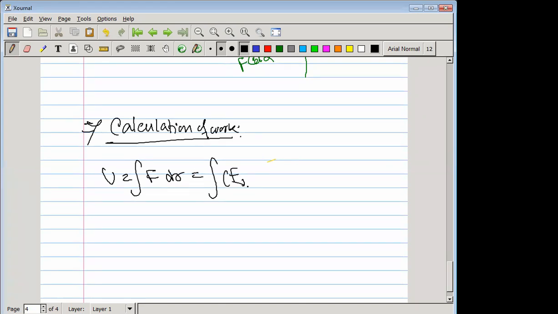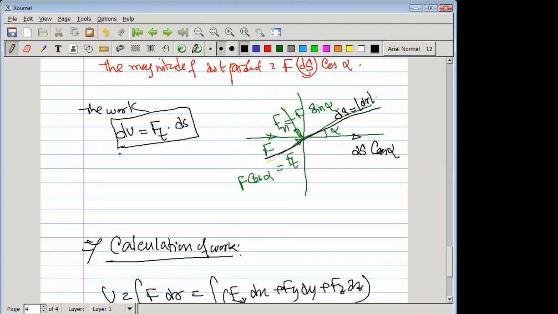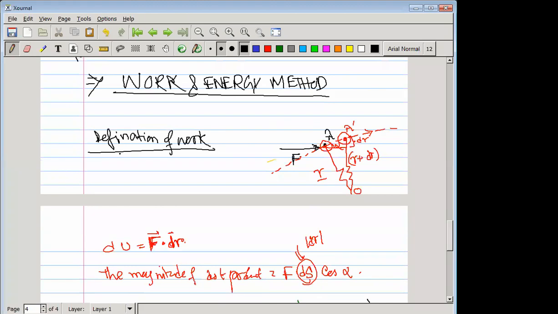So F is along x, you know Fx, so Fx dx plus Fy dy plus Fz dz. So U is the integration of F t dot ds, right? This we can write. So that is the calculation of work. This is for the rectilinear motion case.